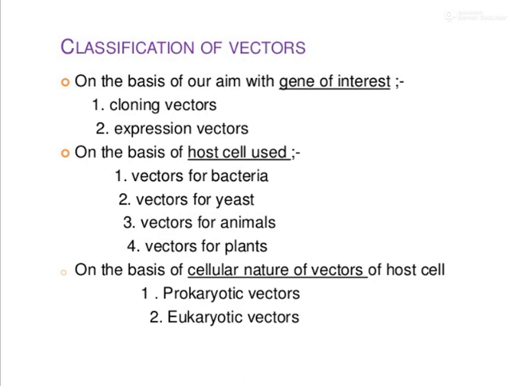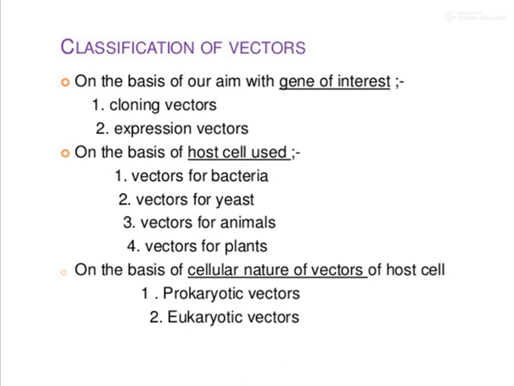But if you expect to express a particular protein at a very high level in the host cell, then you use an expression vector. I'm not going into the details right now. We'll go into the details of cloning as well as expression vectors in the next classes.